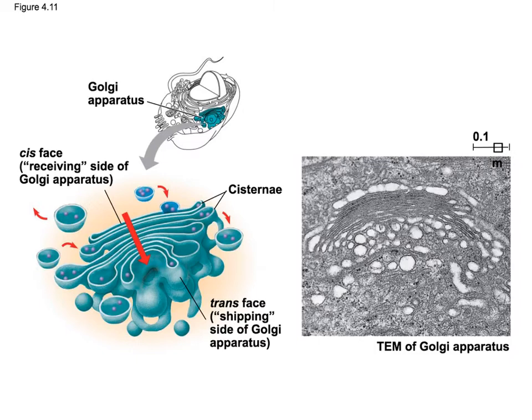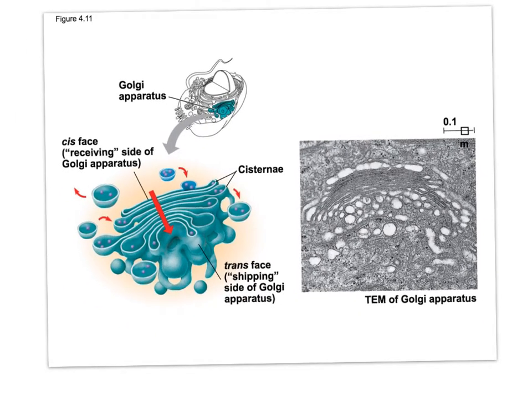And this is what it looks like. There's two sides, okay? There's a receiving side and a transport or shipping side. The receiving side takes things from the rough ER. So a vesicle coming from the rough ER is going to come and fuse with these vesicles, and then there's going to be enzymes and stuff in here that's going to modify it, and it comes through, and now we know where it's going.